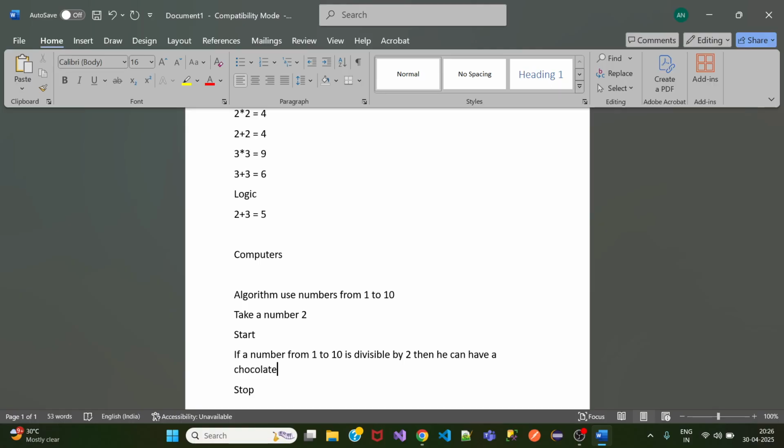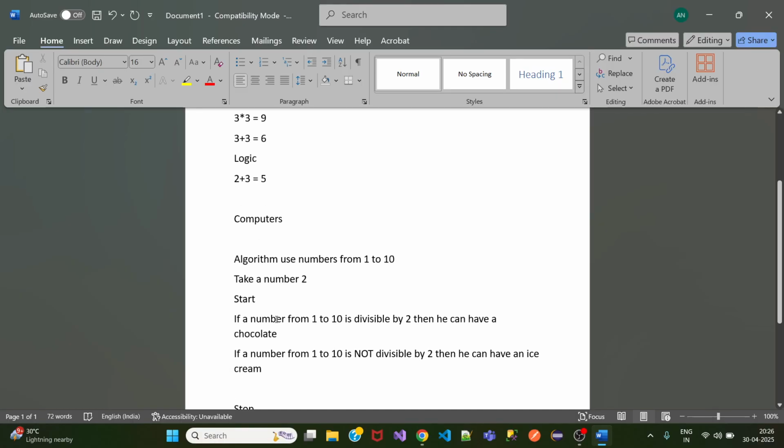Right. If a number from 1 to 10 is not divisible by 2, then he can have an ice cream.